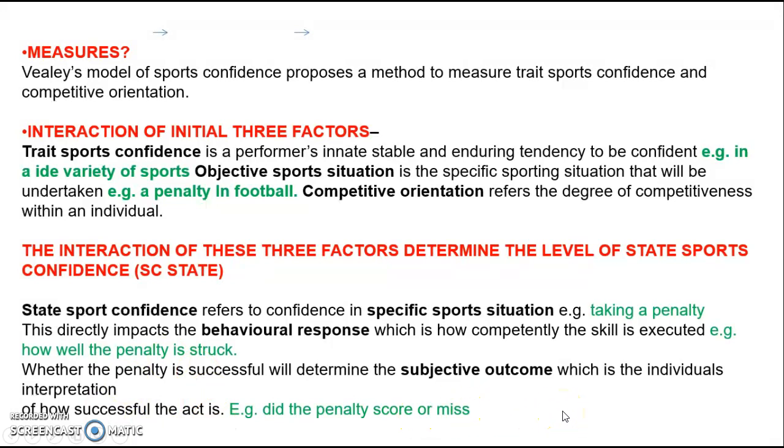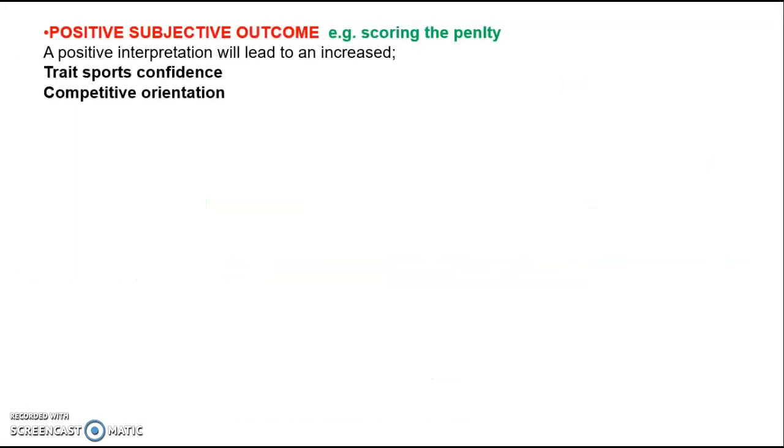You might say, in order to understand, the feedback type that could be linked to subjective outcome would be knowledge of results, because you either score or miss. This is good because it gives you factual, statistic-based information. However, the statistics don't always help you develop your knowledge of performance, e.g. your technique. Then, when you got down to here, your next part of your answer, you could talk about positive subjective outcome, e.g. scoring a penalty.